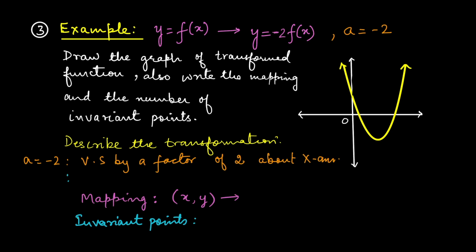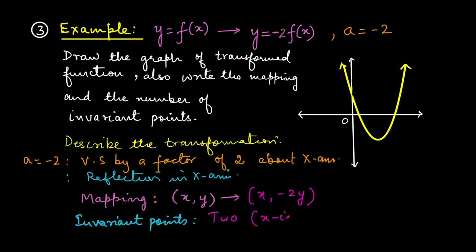As a is negative, we will also include reflection in the x-axis. The mapping, when we write it, will be x and minus 2y, and the number of invariant points will be 2, which are your x-intercepts.